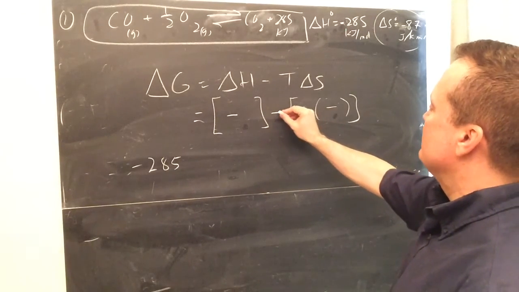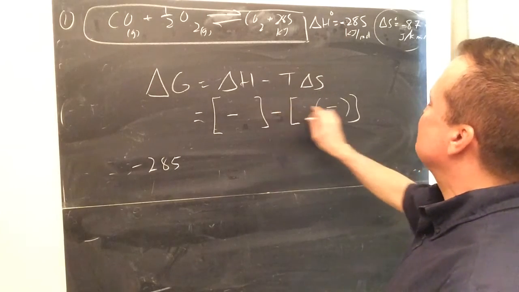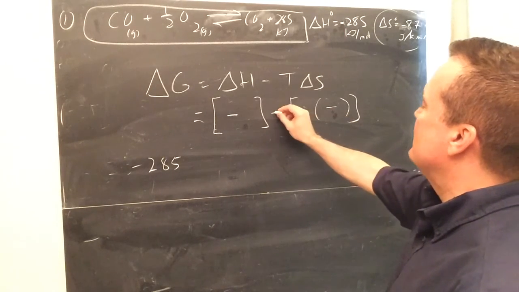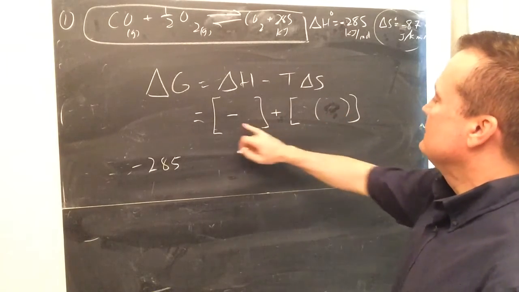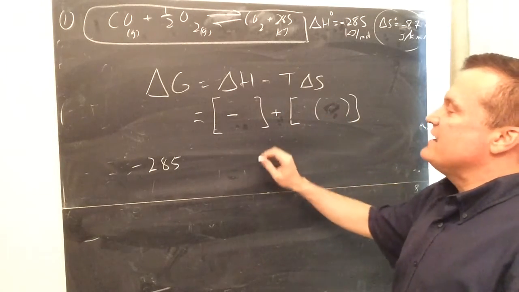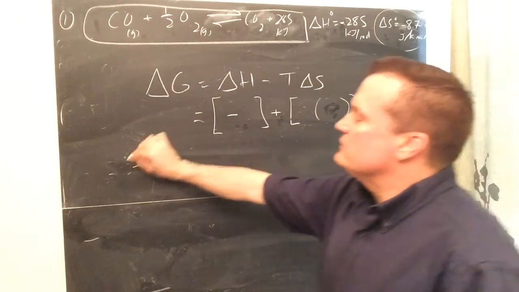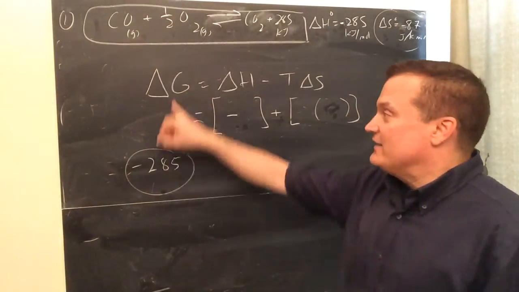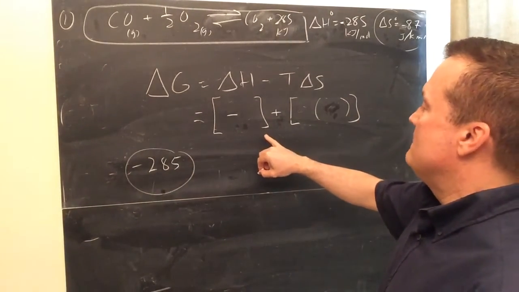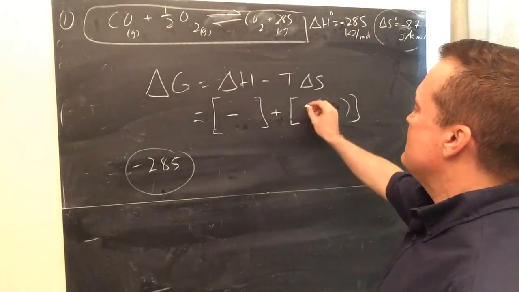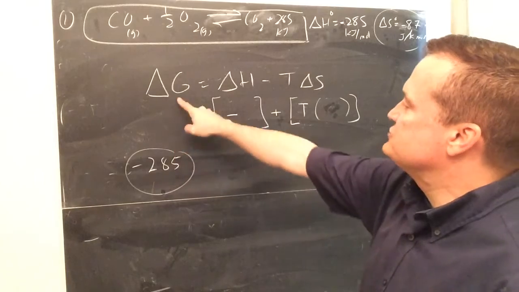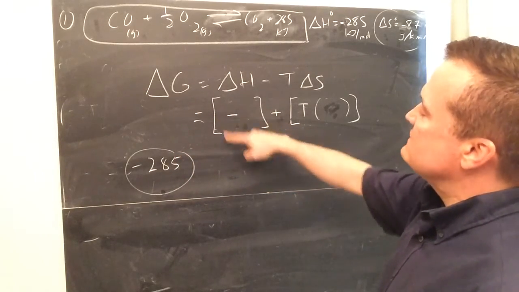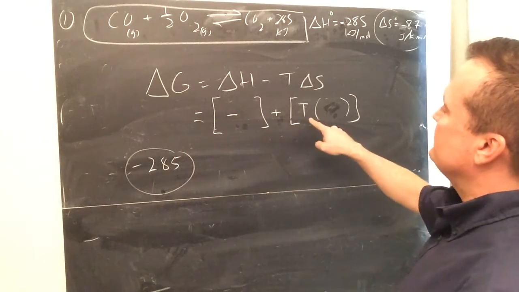Okay, so here's the deal. A negative times a negative is positive, right? So we know that. I could just take that away for a minute. Since the overall delta G is negative 285, then, let's put the T there, that means that this is greater than this.